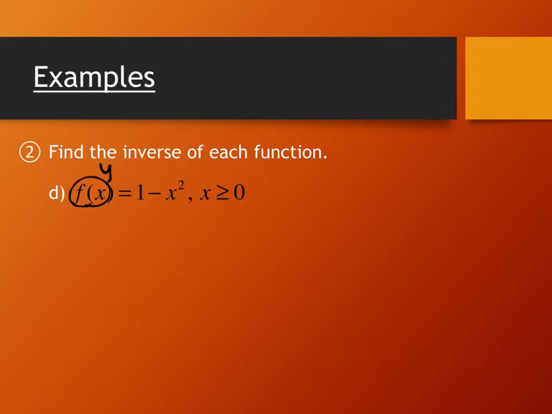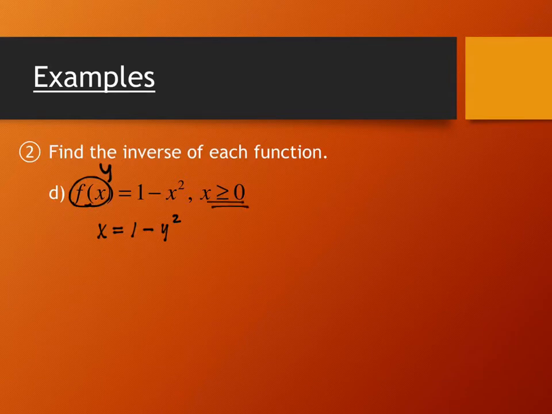Be bold. X equals, right? And then what? Yeah, Melissa wants to talk, but she just doesn't want to sound very loud. Yeah, you just plug them in as y's. So x equals 1 minus y squared.